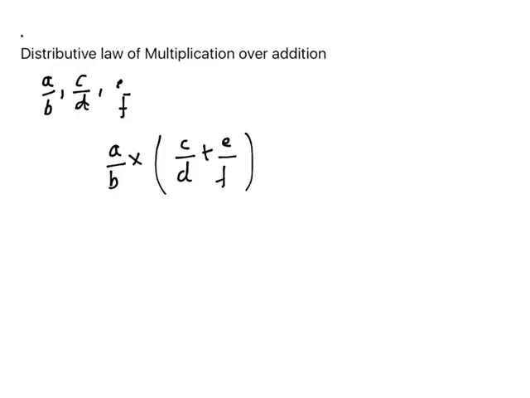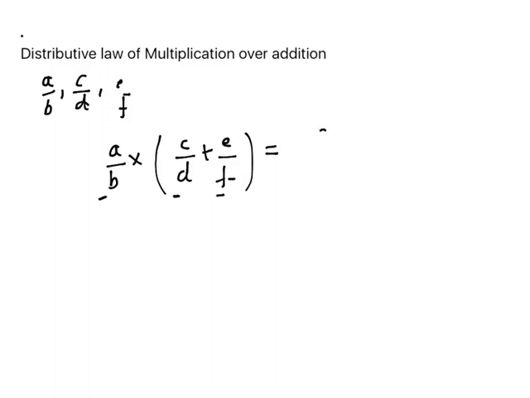Next we have the distributive law of multiplication over addition. Suppose we have three rational numbers a by b, c by d and e by f. Then if we multiply a by b with the sum of c by d plus e by f, that will be equal to multiplying a by b with each of the rational numbers inside the bracket.